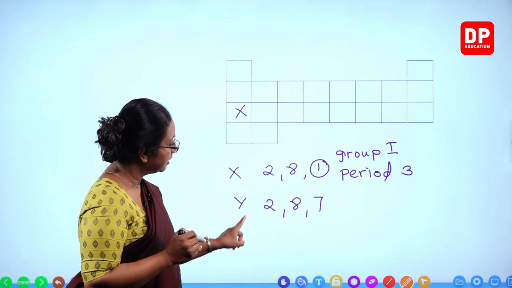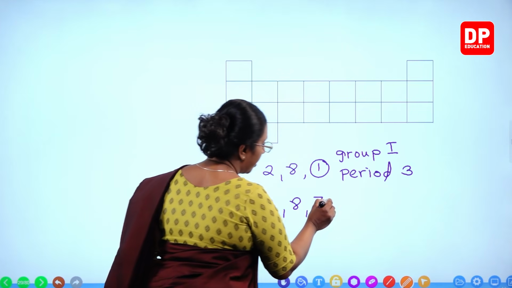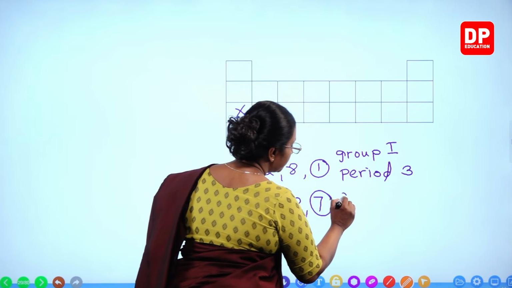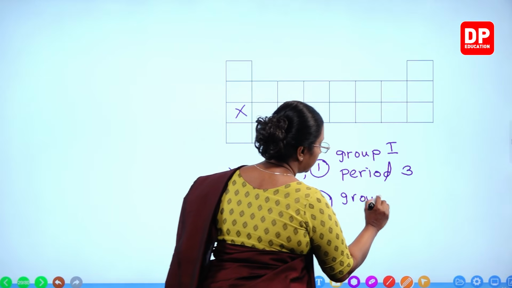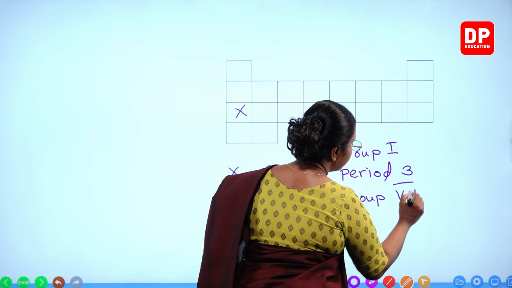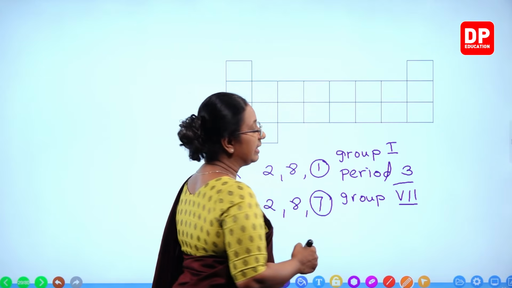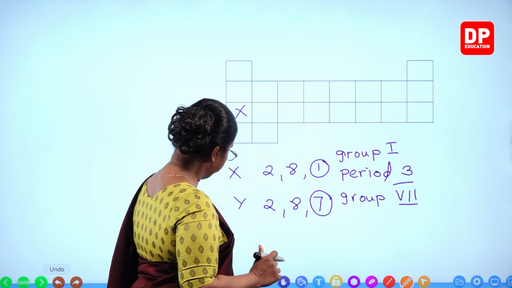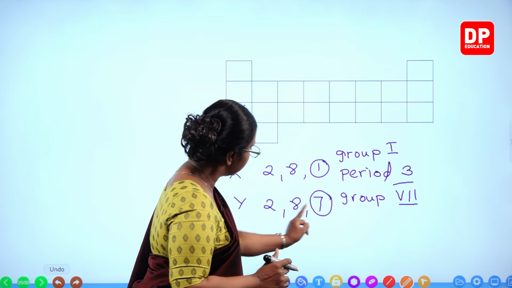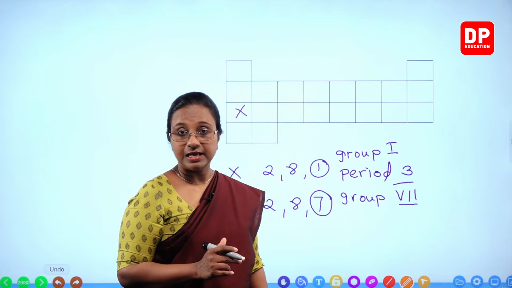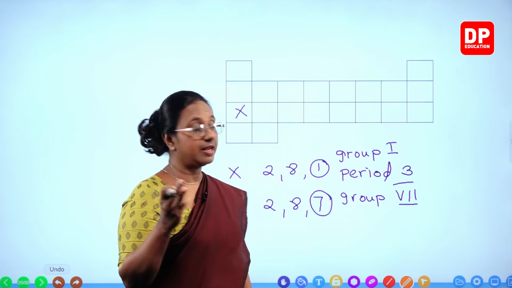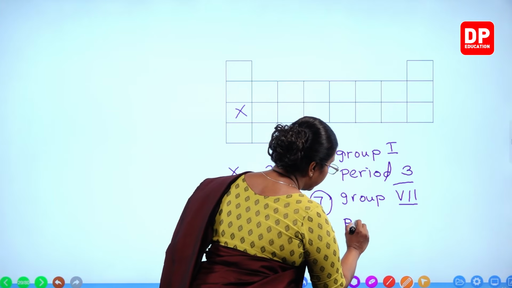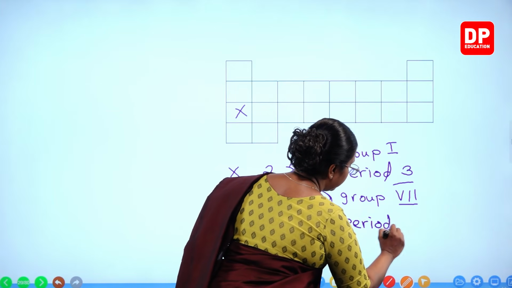Then Y, 2, 8, 7. Now this is 7, so group 7. Always when you write the group number, it has to be in Roman numerals. So here it has to be group VII. Then you can see again 3 shells have electrons. 3 energy levels contain electrons. So it has to be again period 3.